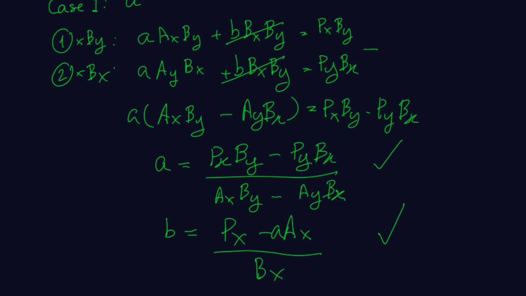And then we do the opposite. Instead of trying to eliminate B, we'll try to eliminate A instead. So let's take a look at the code.